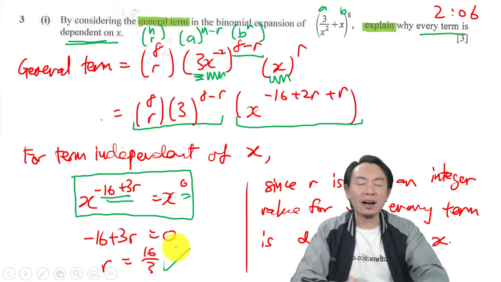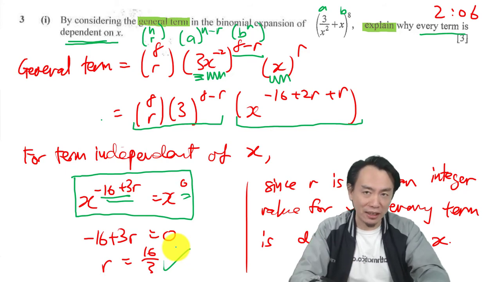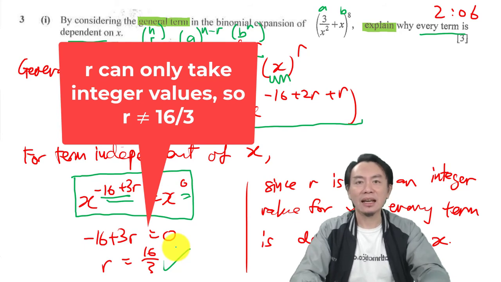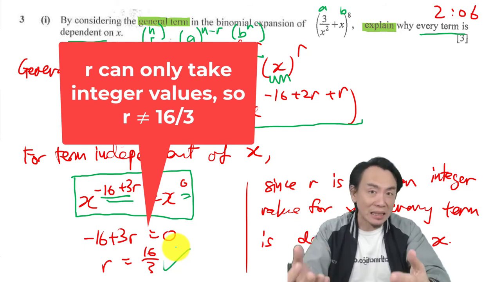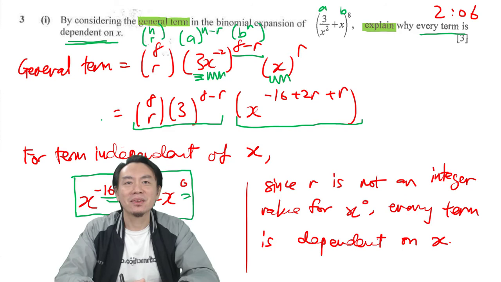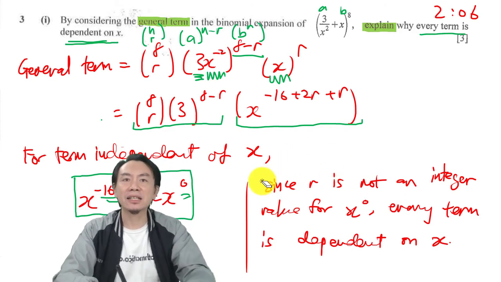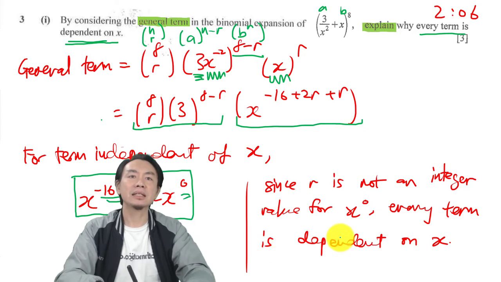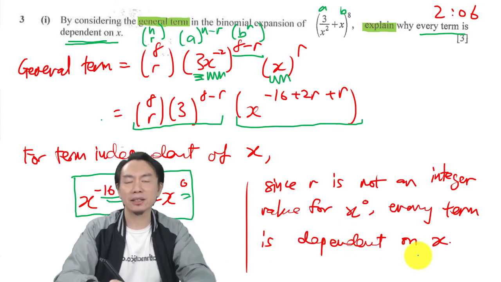But r always takes on integer values. So in this case, there's no way that r can be 16 over 3, and therefore there isn't a term that is independent of x. So I explain here: since r is not an integer value for x to the power of 0, every term in this expansion is dependent on x.